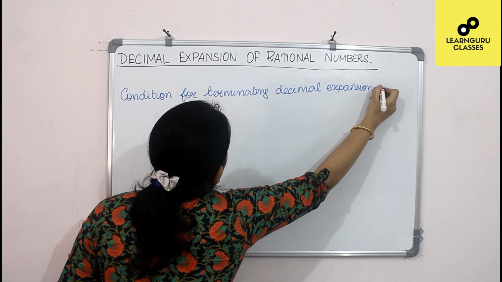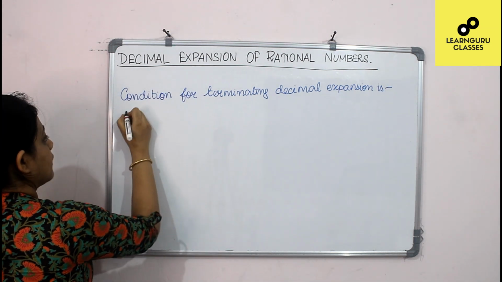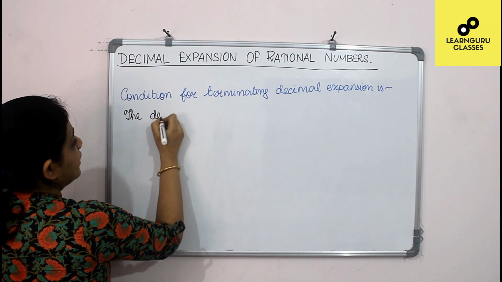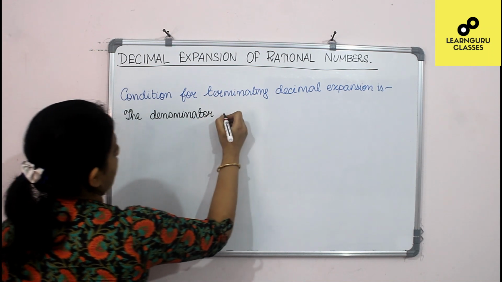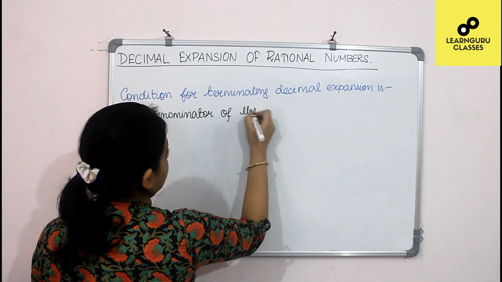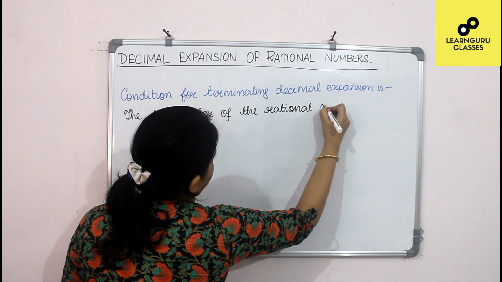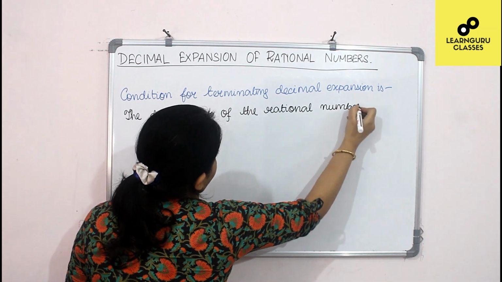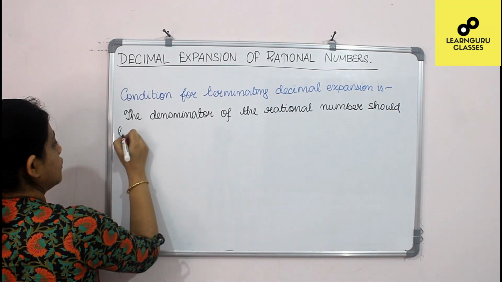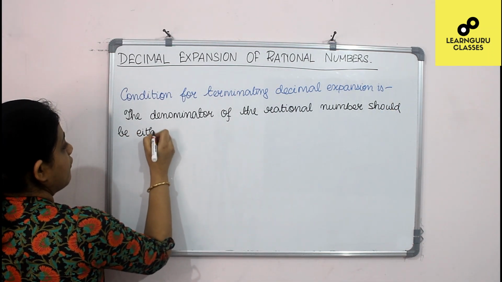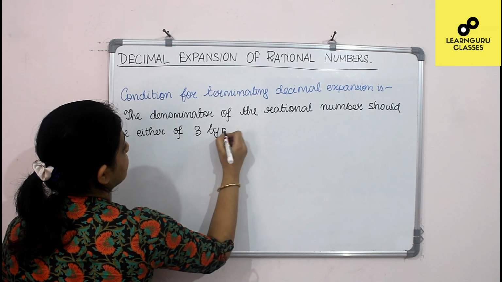The denominator of the rational number should be of either of three types. So what are these three types?